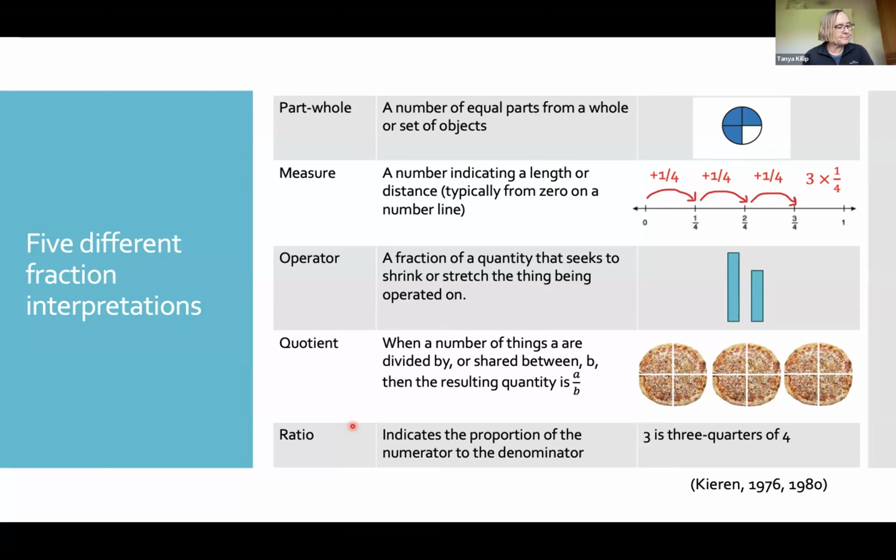Next, the measure interpretation of fractions involves seeing fractions as a length or distance, typically from 0 on the number line. So in general, a fraction a over b represents a intervals of length 1/b.